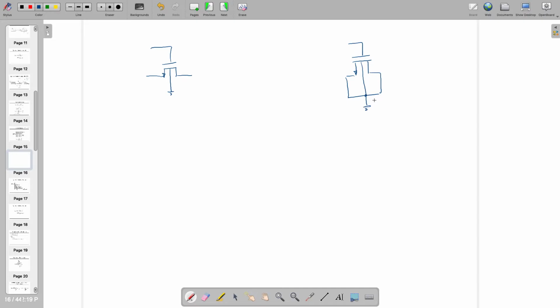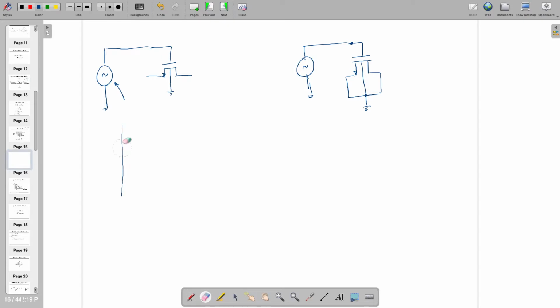So there are two kinds of MOSFETs, where I am applying voltage here and here, right? I should have drawn the AC one actually.